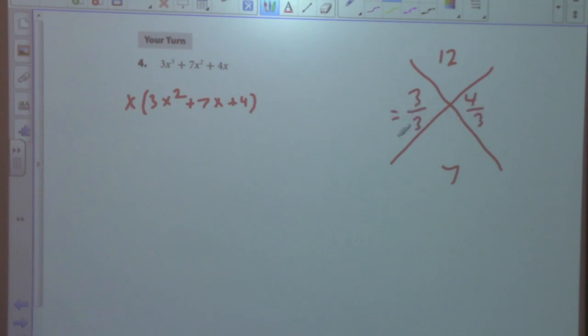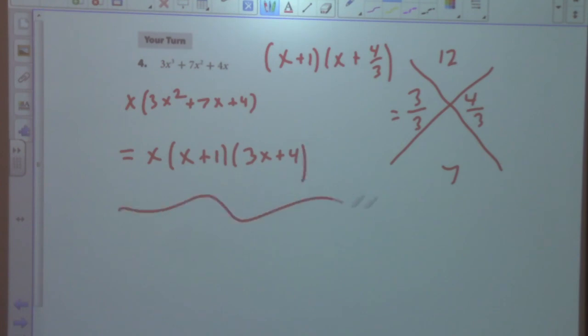So we have x plus 1, and then x plus 4/3. So x is 1, and that's 3x plus 4. So we're going to have x times the quantity x plus 1, and 3x plus 4, using the bottoms up method. And so that's how we have that, right?